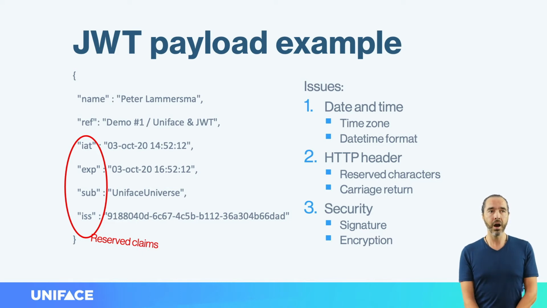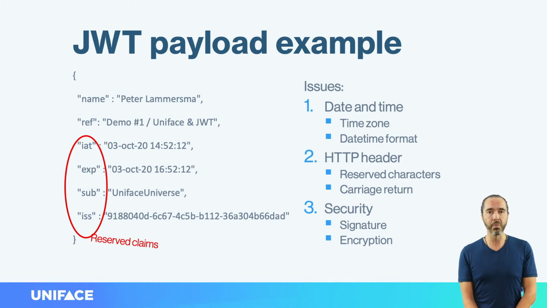But some are reserved claims. So if you use them, they have the meaning that they have by definition in the standards. But there are a few issues. Of course, we can create this JSON. That is not a problem in Uniface.